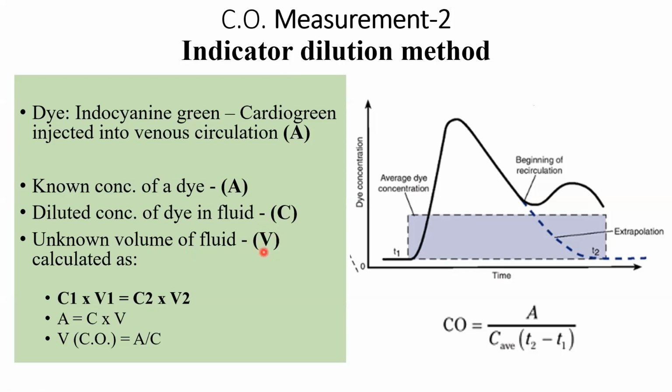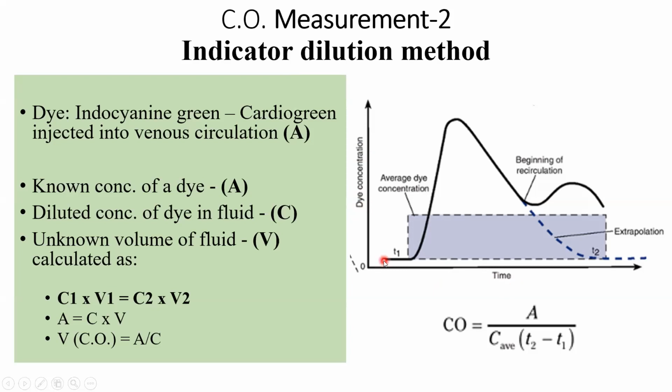So what are we doing exactly? What we are doing is, at this point here, we are injecting the cardiogreen, a known amount of cardiogreen. And as you can see, we then plot this graph, and this graph basically looks at the dye concentration in the blood plotted against time.